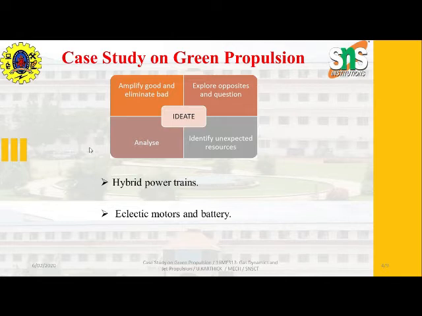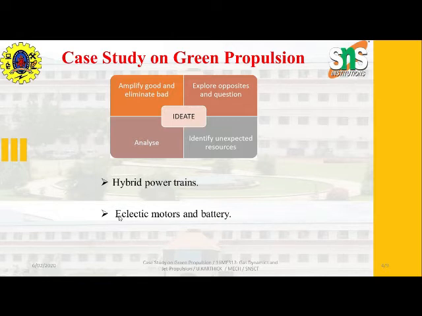First of all, we need to discuss hybrid. In hybrid, there is a motor as well as an IC engine, which means we can reduce the pollution, but not by 100% because we are using an IC engine, which leads to some amount of pollution. Next one, electric motors and batteries.